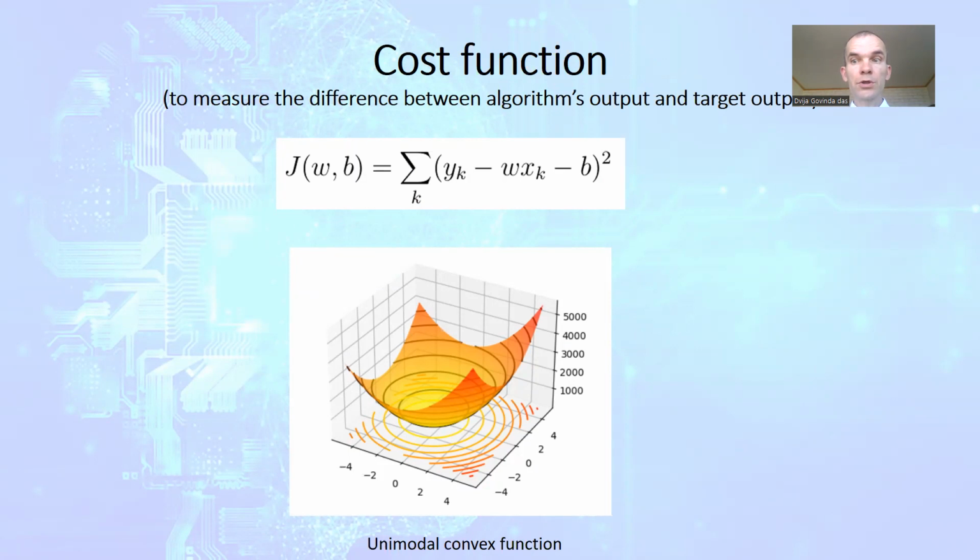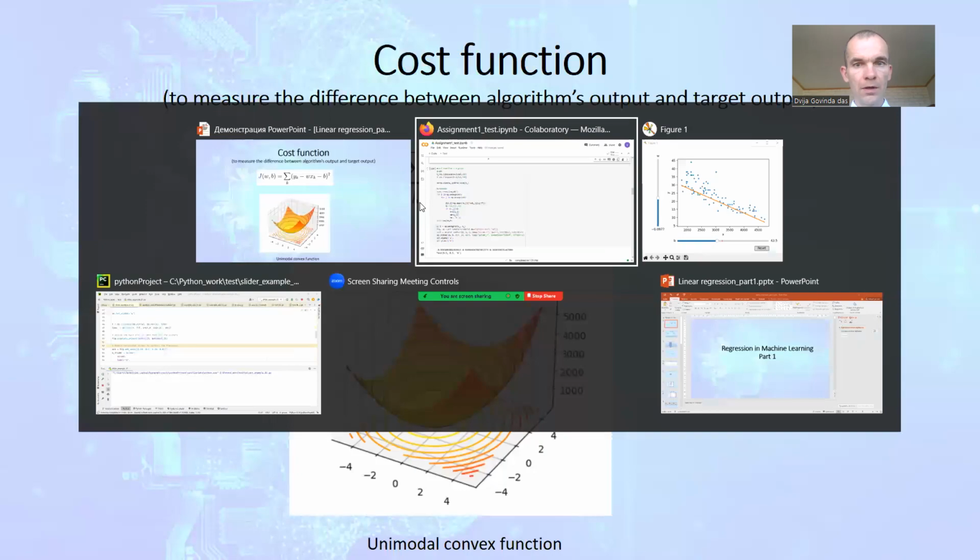And this cost function, in this case, happens to be convex. Convex means that it has a strictly present, well displayed local minimum. A local minimum, which is also a global minimum.